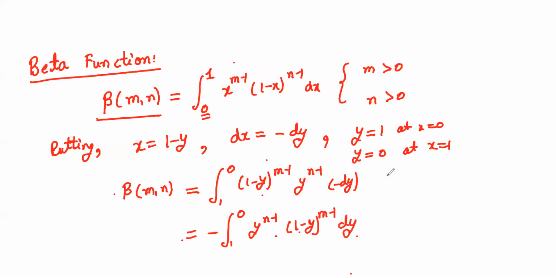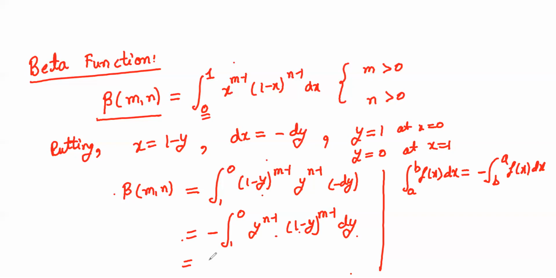And as we know, in a definite integral, the integral a to b of f(x) dx is the integral b to a of f(x) dx with the minus sign. So here I can write, this limit will be changed because here it is minus sign. So it is the integral 0 to 1 of y to the power n minus 1, 1 minus y to the power m minus 1, dy.